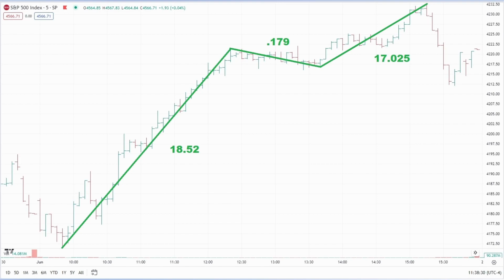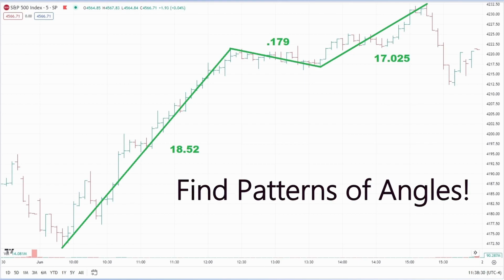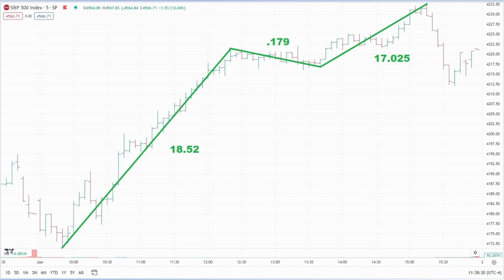Step 2 in part 2 shown here is define patterns of angles. After I released step 1, I went back and thought, some people are going to think that the next step is to take these angles that you're seeing in front of you and find a day where those exactly repeat or very close to them. That's not the case. That's not what we're going to do, and I would not do it that way.